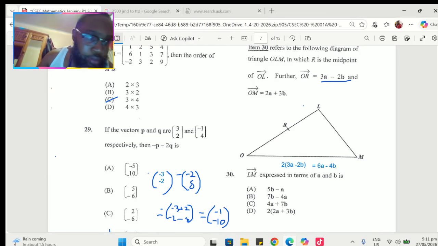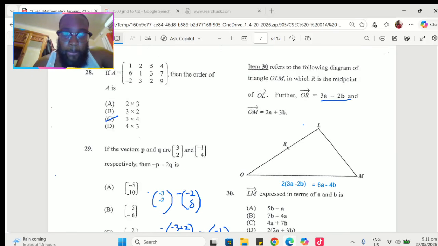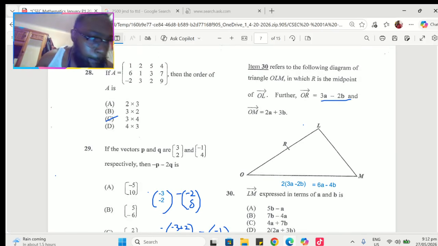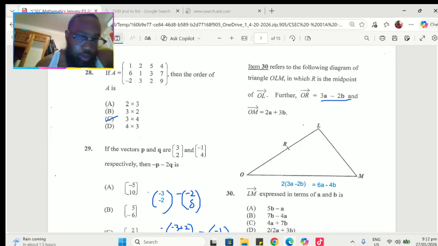Now given that OM is 2A plus 3B, the vector LM will be OM take away OL.